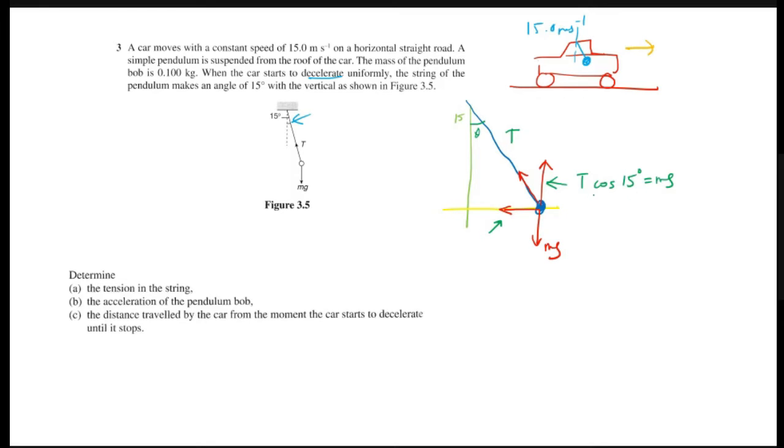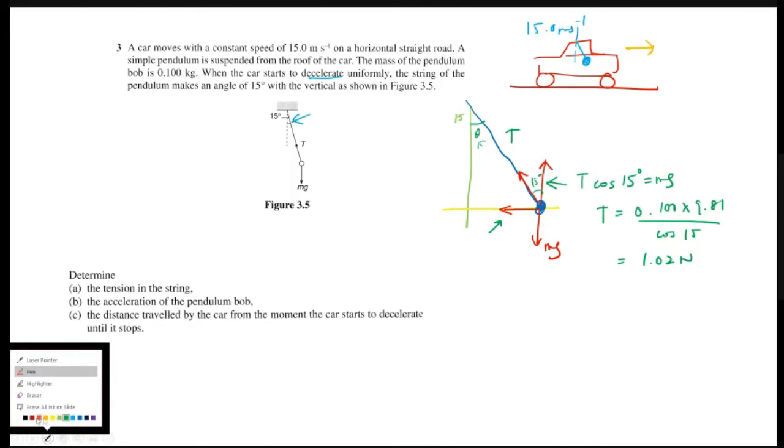There you have T cos 15 equals mg, and this is a zigzag angle, so this is 15, here also 15. So we have T equals 0.100 times 9.81 divided by cos 15, which equals 1.02 newtons. So this T over here is equal to 1.02 newtons.